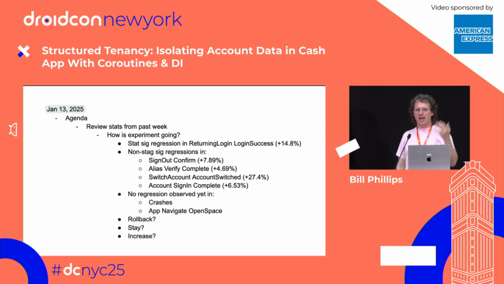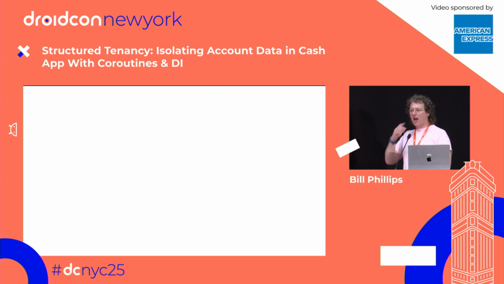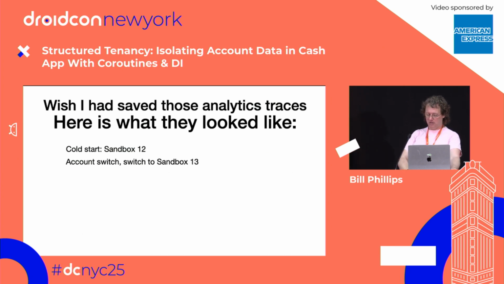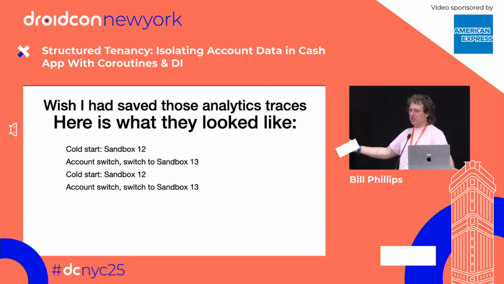So after a long time racking my brain about this, I eventually looked at our Amplitude traces. And I wish I had some screenshots of this. I don't. So I'm just gonna make them up for you. Here's what they kind of look like. What we would see was stuff like this. We would see a cold start on Sandbox 12, and then an account switch where we'd switch into Sandbox 13, then a cold start again on Sandbox 12, and again a switch into Sandbox 13.